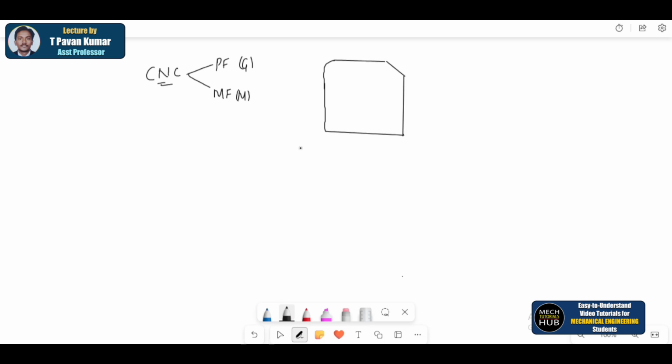Let us say this is 0 comma 0, and let us give some plate thickness with some other color. From here to this point it is 80 millimeters, and this distance is again 80.